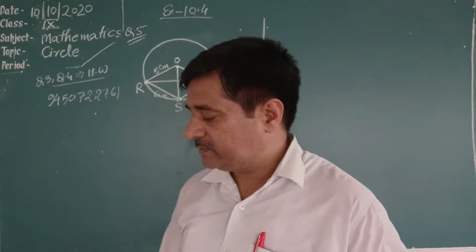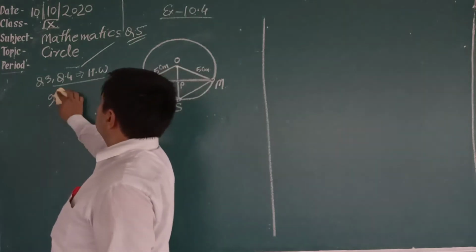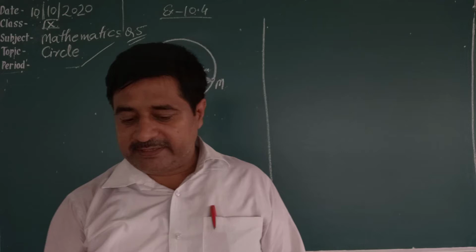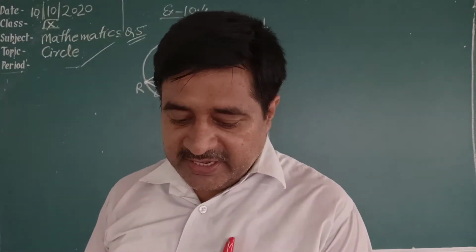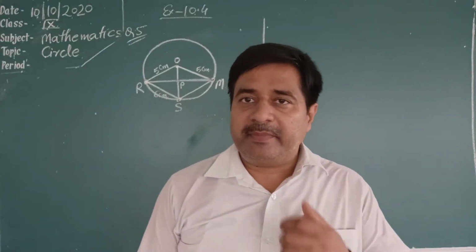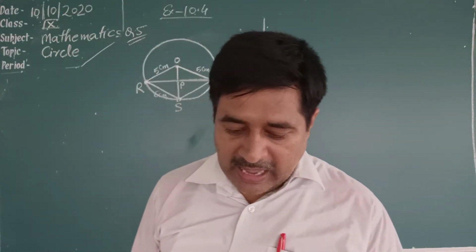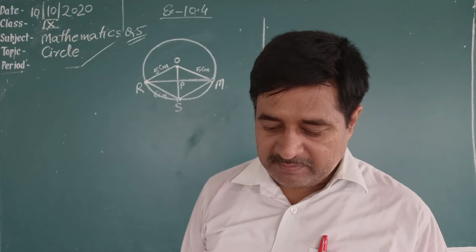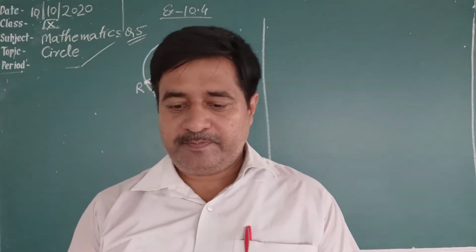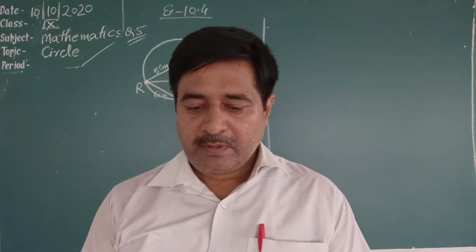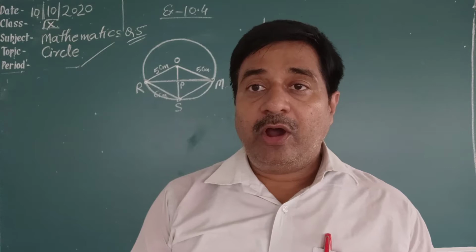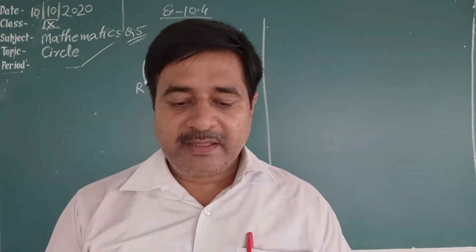Now question 5. Three girls, Reshma, Salma and Mandeep, are playing a game by standing on a circle of radius 5 cm drawn in a park.